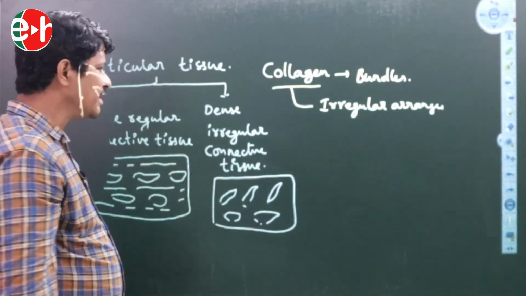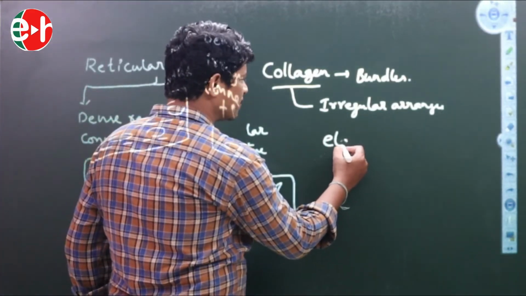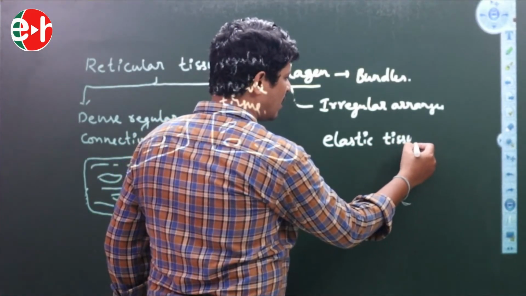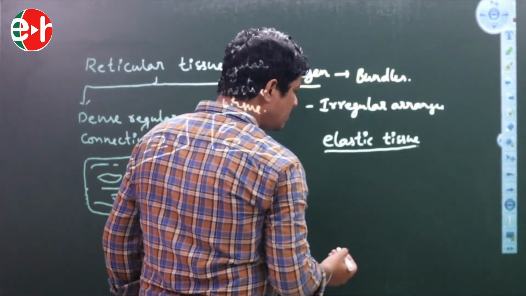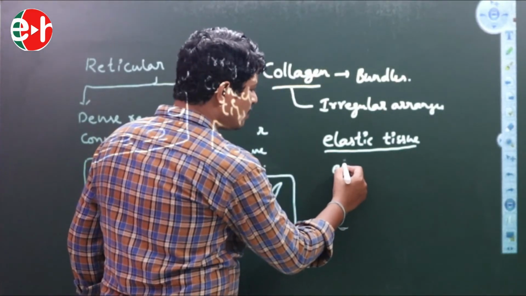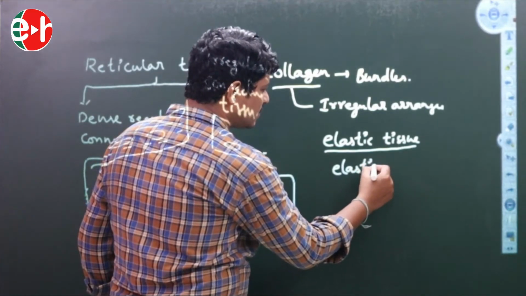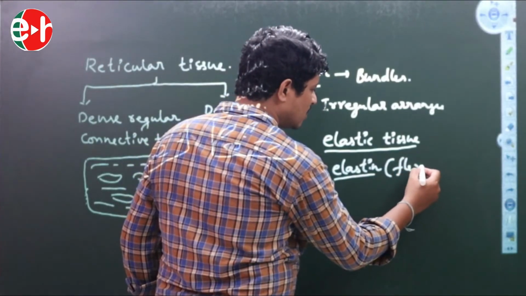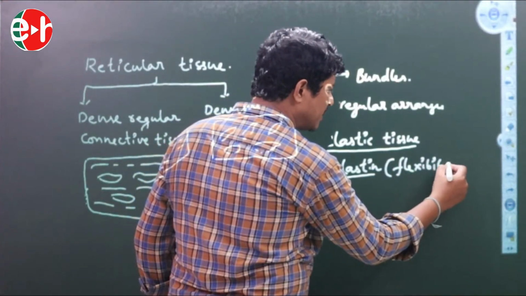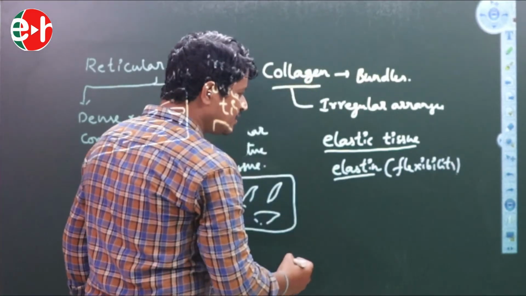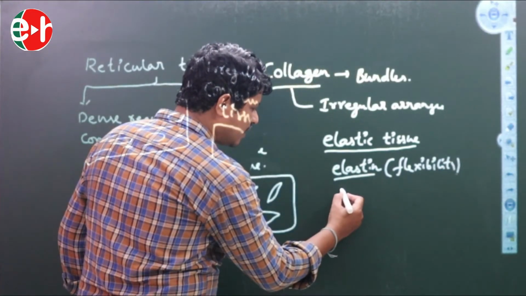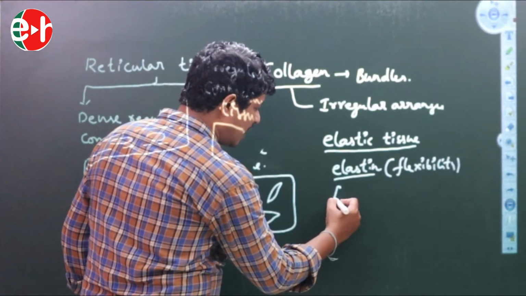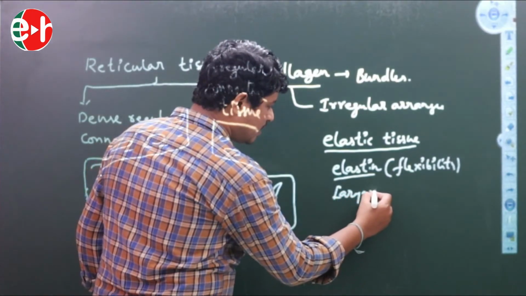One more tissue is present here, that is elastic tissue. It is made up of a protein called elastin. It gives flexibility to the particular organ. This elastic tissue is found in the larynx.